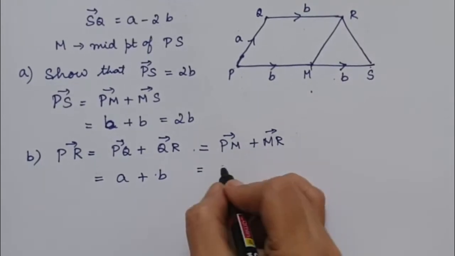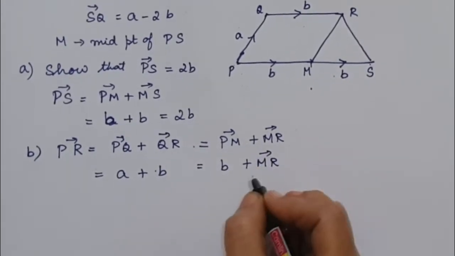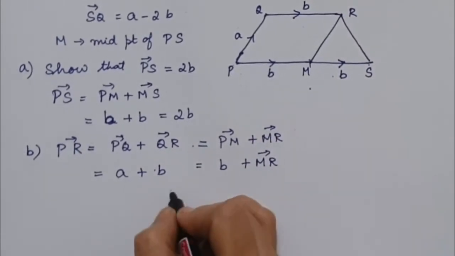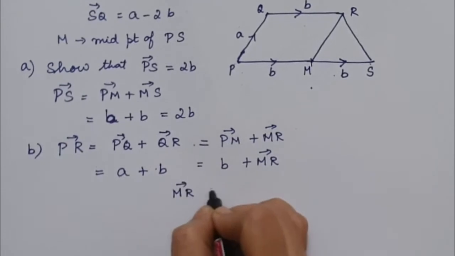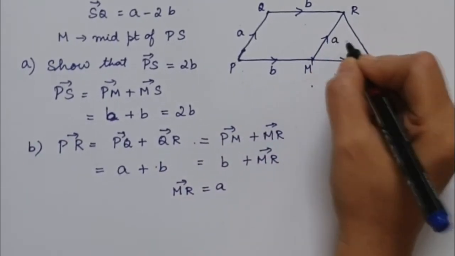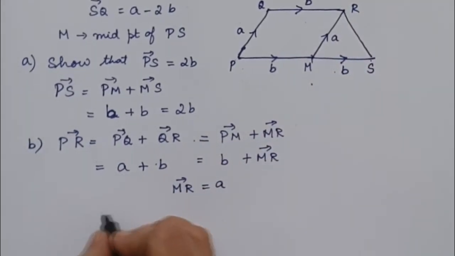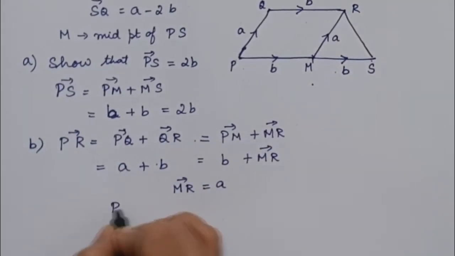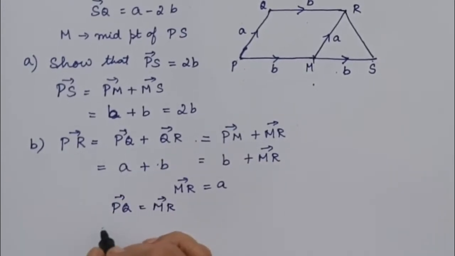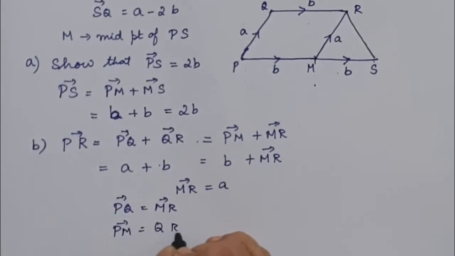So PM we know it is B and we don't know what is MR. So now A plus B is equal to B plus MR. So automatically vector MR will be equal to A. So this vector is also equal to A. So from this we have that PQ equals MR and PM equals QR.